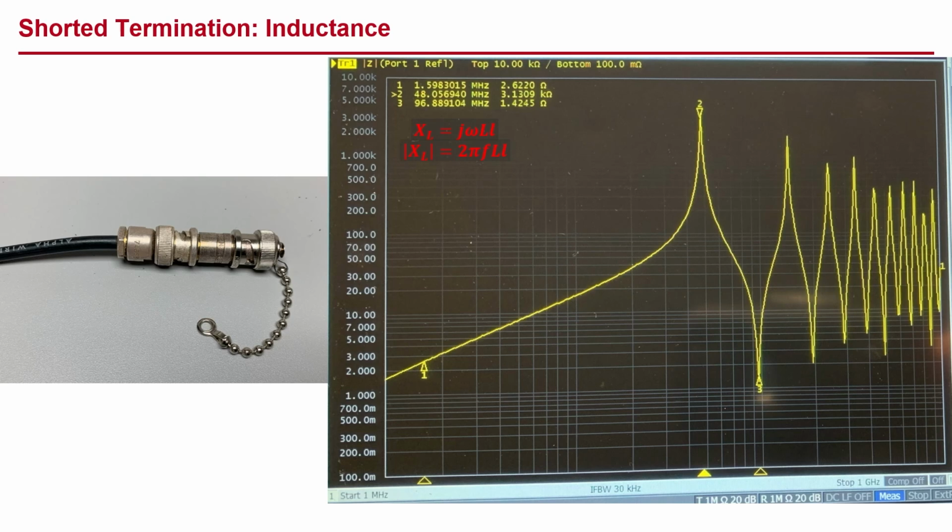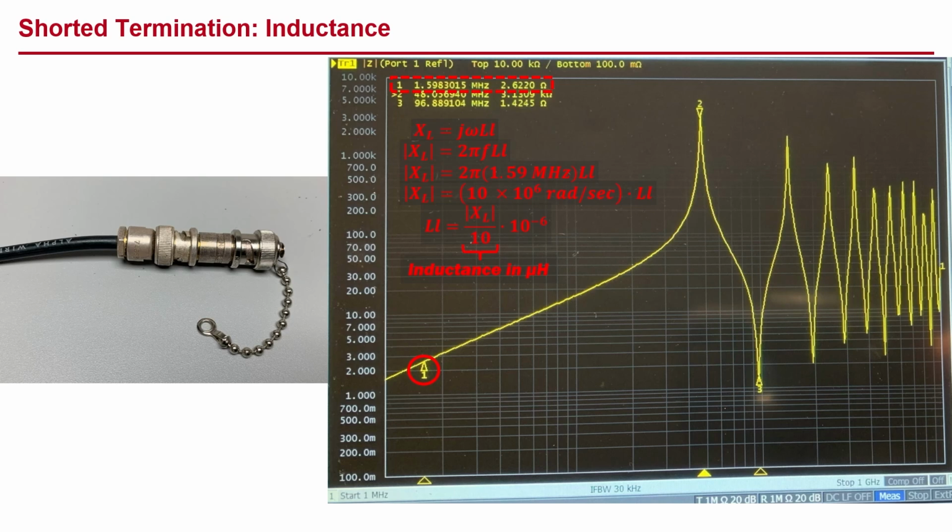We could pick any point on this linear part of the curve for this calculation, but if we pick 1.59 megahertz, the math gets much easier, because 1.59 times 2 pi is approximately 10. That gives us 10 times 10 to the 6th radians per second, and that means that if we divide the measured reactance by 10, we get the total inductance in microhenries.